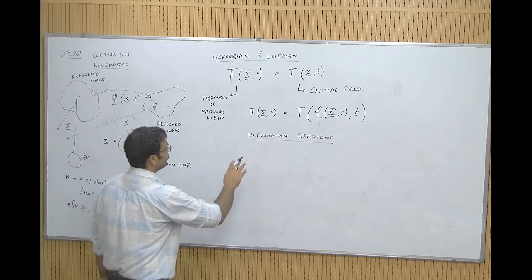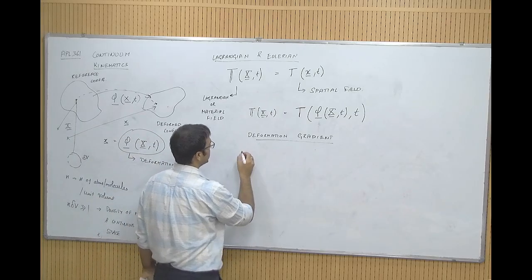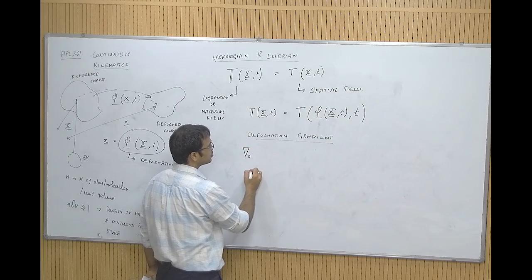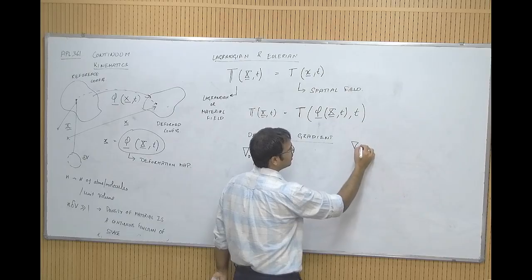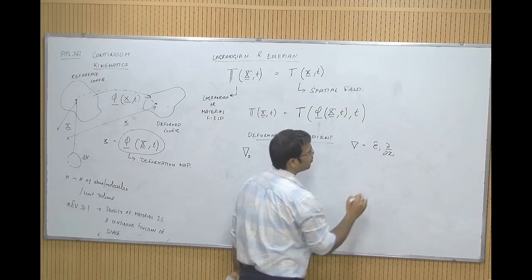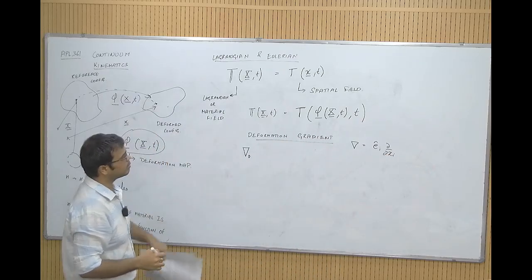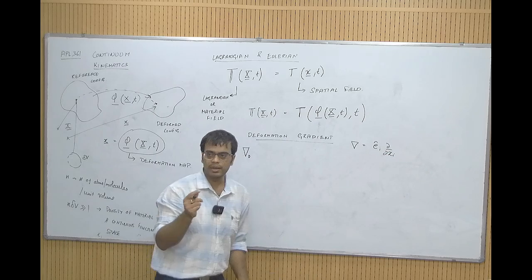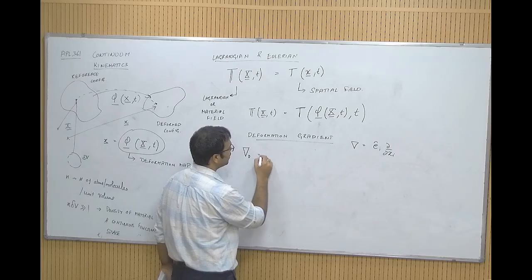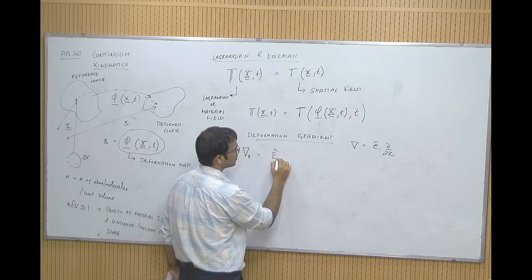So before we go ahead and define the deformation gradient, I'm going to modify our nabla operator. So nabla I had defined like this. Here in continuum kinematics, our small x is the spatial location. So I'm going to define a nabla naught as something like this.